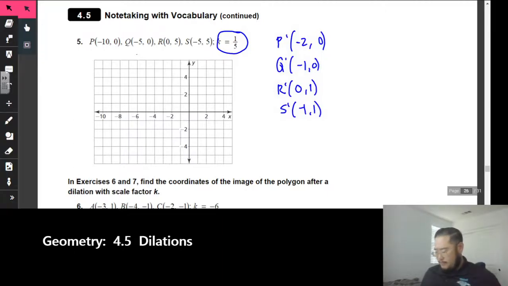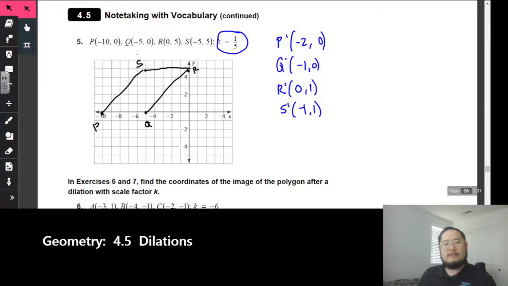So if we graph or plot our points, we should be able to see that right here. We've got P at negative 10, 0, at negative 5, 0, Q, 0, 5 up here is R, and then negative 5, 5 right here is point S. So we've got 4 sides. It looks like we have ourselves a parallelogram here.